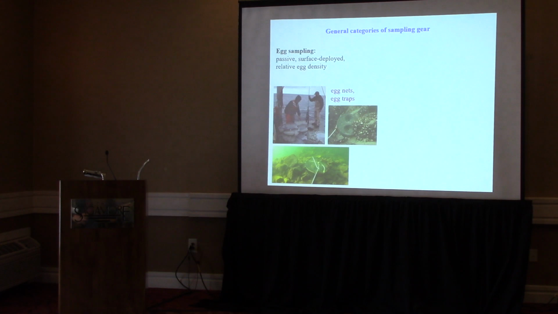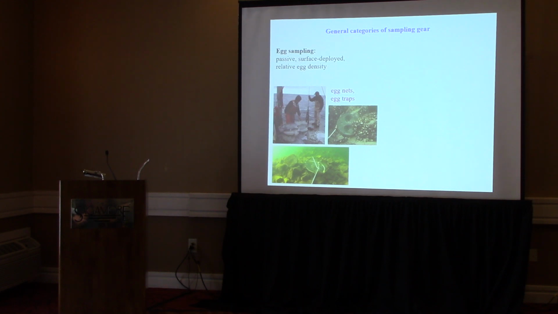General categories, egg sampling. That's the first thing. This life stage is the most abundant and least likely to swim away. Therefore, it's a really good stage to be sampling. And this is probably the hardest stage, honestly, because of that rough weather. But we've got egg nets and egg traps.